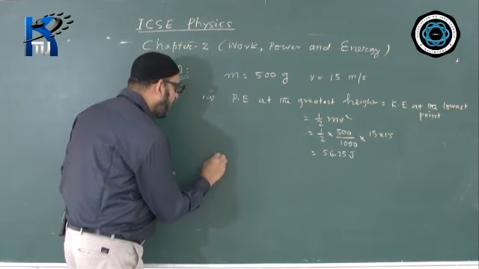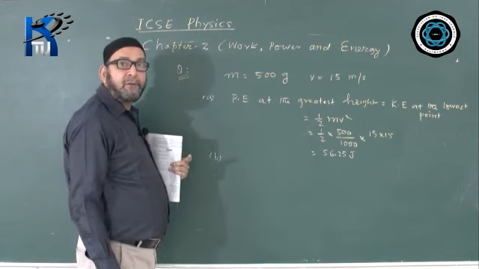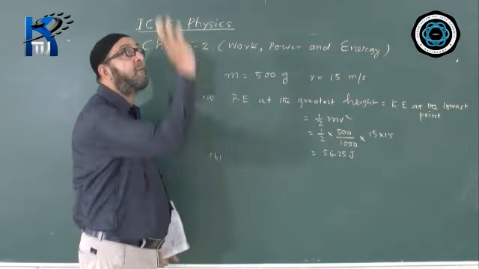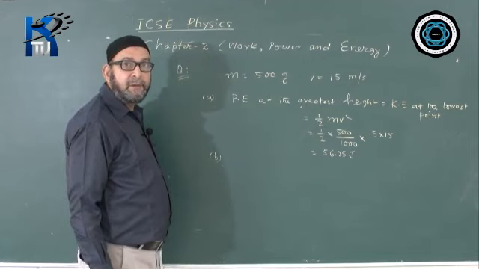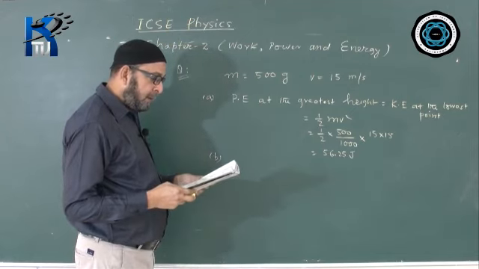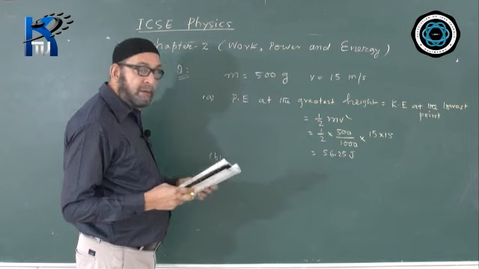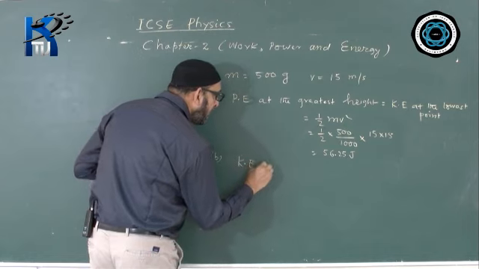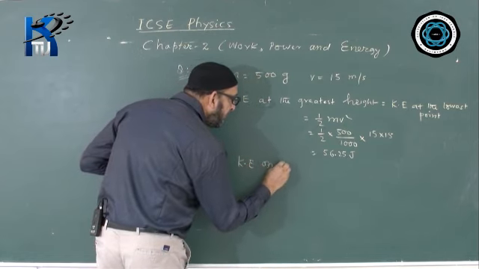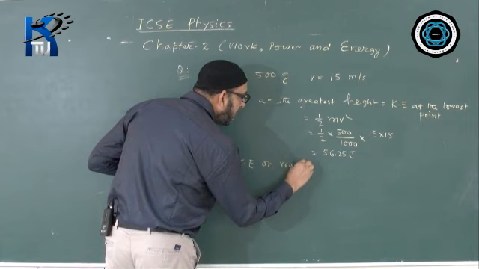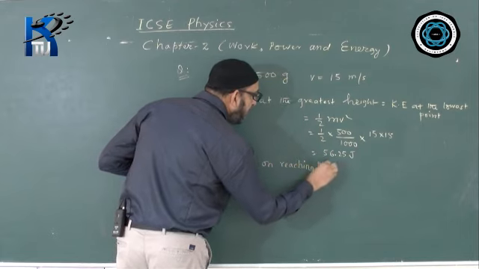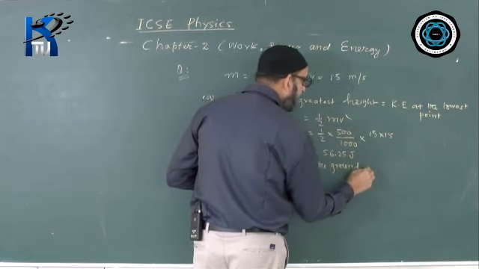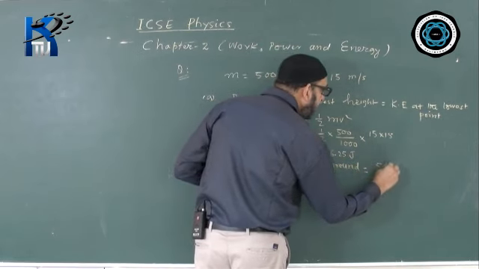Now, the second part of the question, simply conversion of energy we are applying. Whatever kinetic energy is given, that fully changes into potential energy when it reaches the highest point. Now, the kinetic energy on reaching the ground, we will have the same answer because the same potential energy will be changing back into kinetic energy.